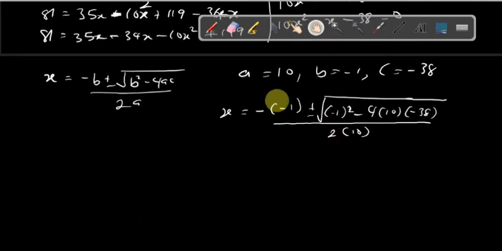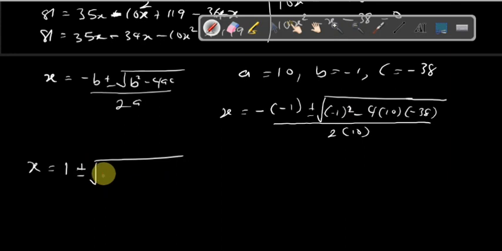So we can work this out and obtain the value of x as x is equal to minus minus 1, that's 1, plus or minus the square root of minus 1 squared, that is 1, then minus times minus is plus, we have 4 times 10, that's 40, times 38, divided by 2 times 10, that's 20.